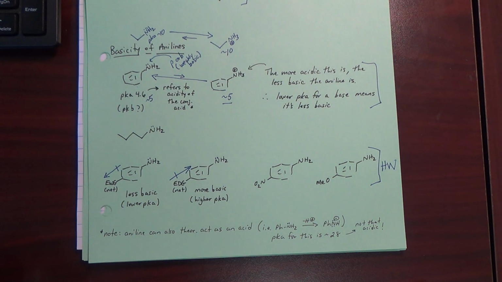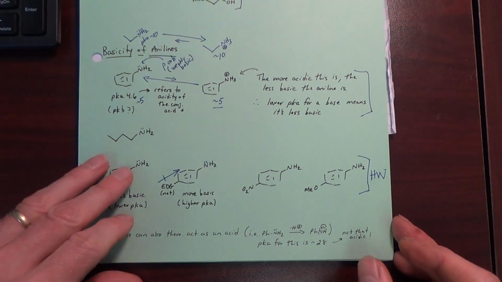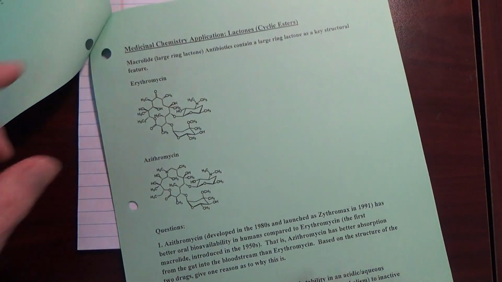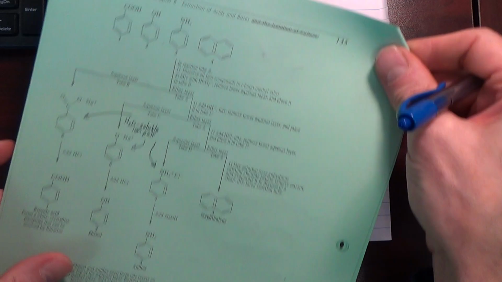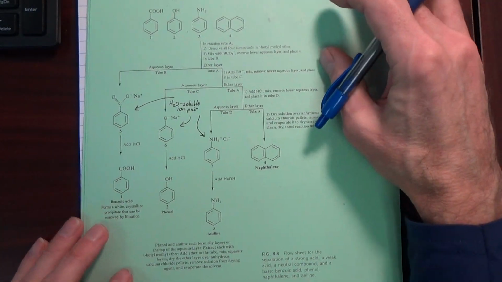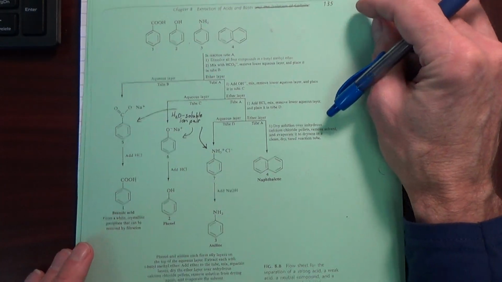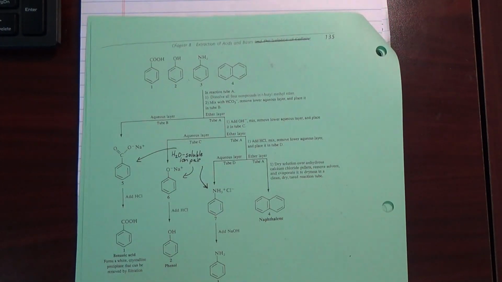Okay? But the acid-base chemistry we're looking at here is very important. We're also bringing in fundamentals that we have hopefully learned in Organic 1 and perhaps some of the course here in Organic 2. We can also take time to think about extraction process.